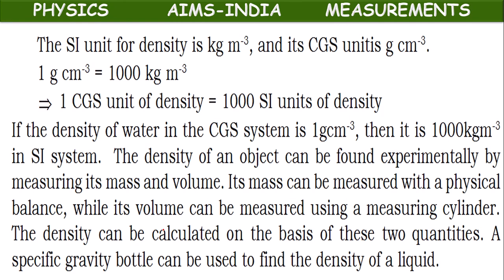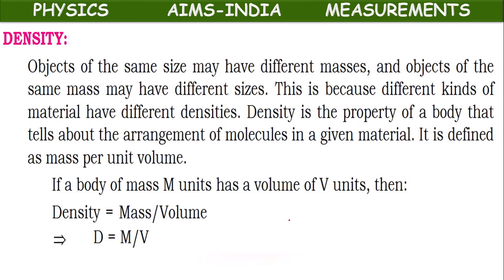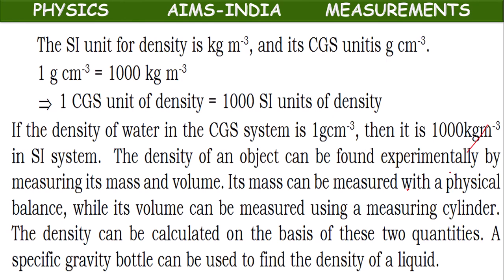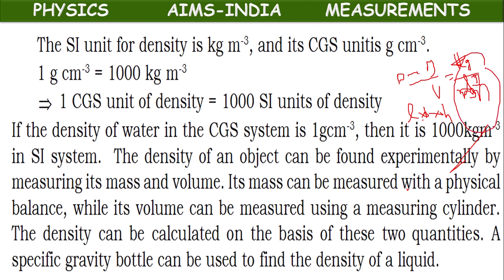The SI unit of density: we are saying density equals mass by volume, where the unit of mass is kg in the MKS system. The unit for volume is length into breadth into height, so length is measured in meters, giving meter cube.